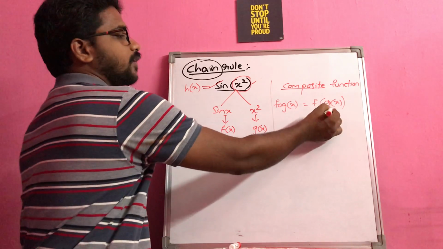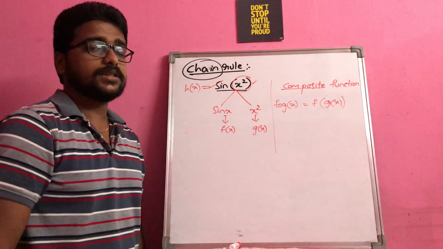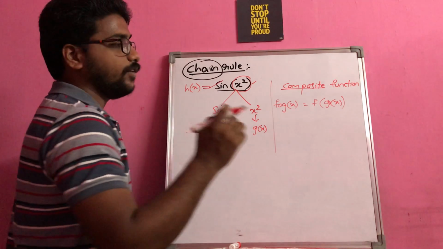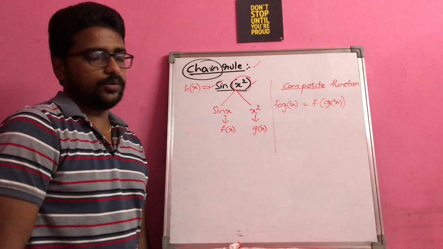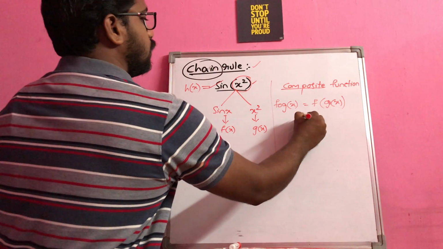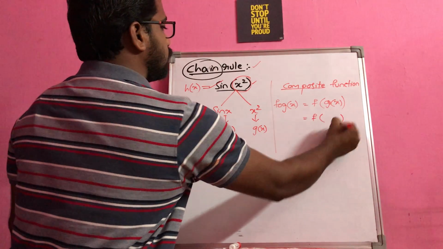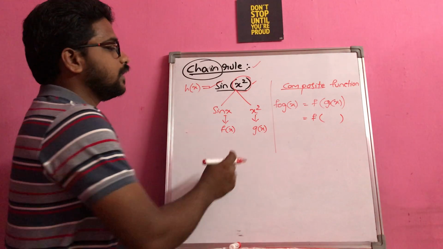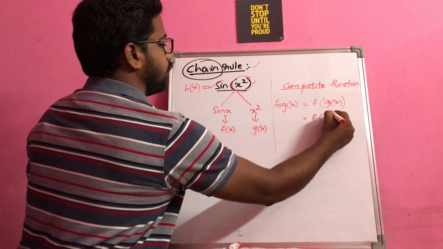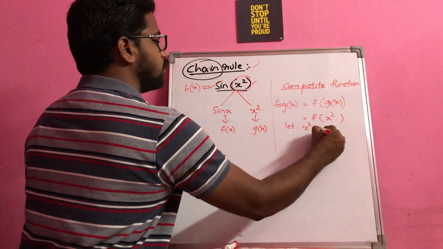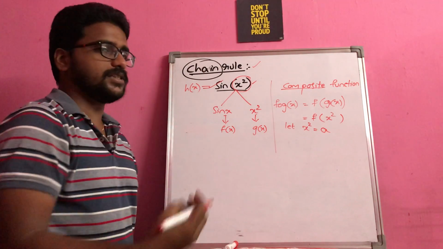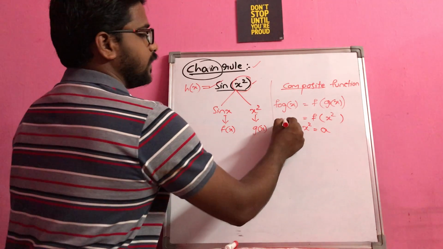This type of functions are called composite functions, and whenever you are having functions in this way, we have to go for using the chain rule. So f of g of x, the inner function you have to simplify always first. So g of x is x square. Here many students get confused. That's why I am going for another simple step. I am taking x square as a.